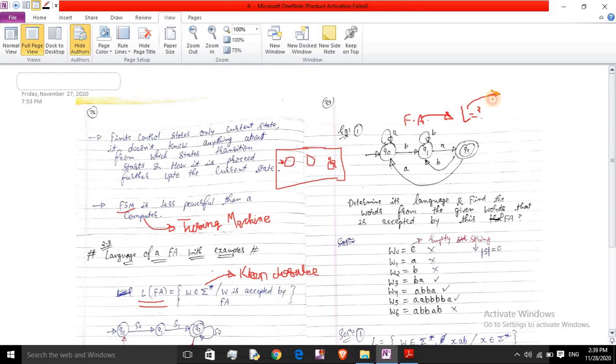These languages consist of many words or strings, and we have to determine what the words are by looking at this example.